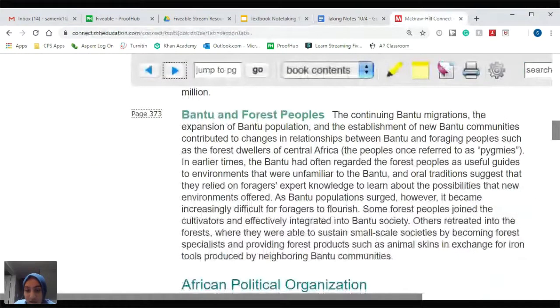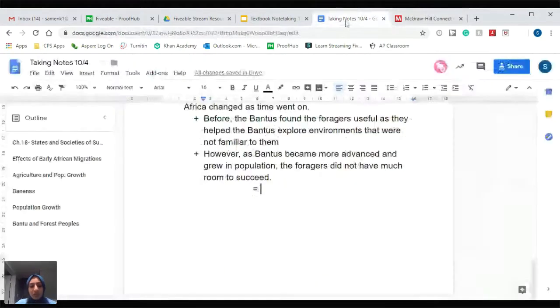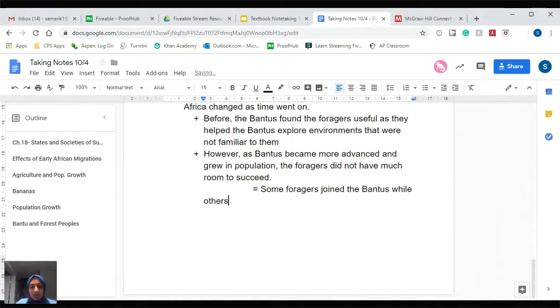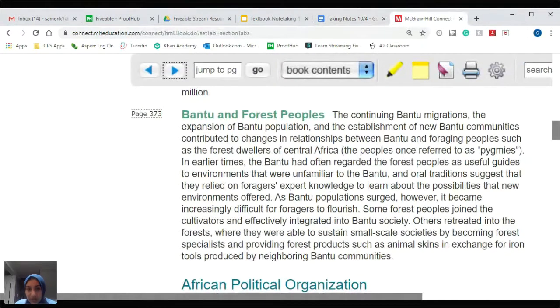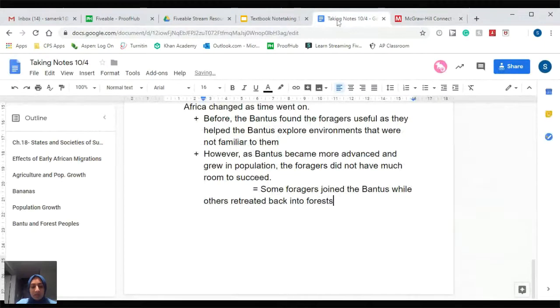So we could say, some foragers joined the Bantus while others retreated back into forests where they were able to continue their ways of living.